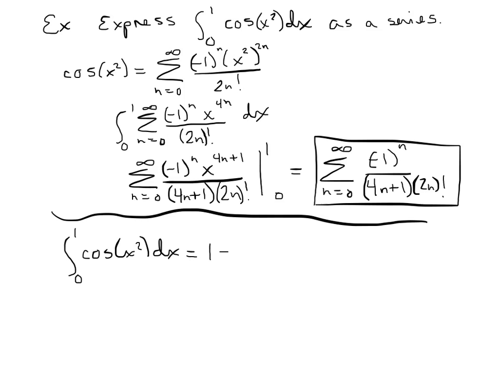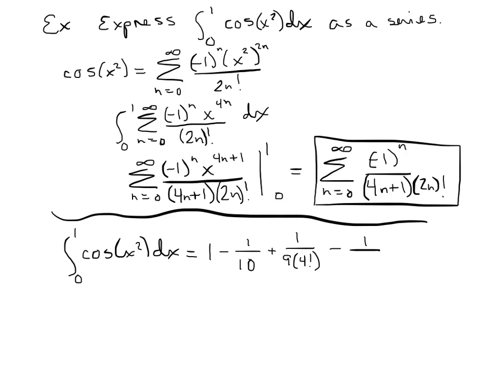When I plug in 1, 4 times 1 plus 1 is 5, and 5 times 2 factorial would be 10. Then we would add the next term, which is positive, and I'm plugging in 2 this time, so 8 plus 1 is 9, and I would have 4 factorial, which is 24, so 24 times 9.